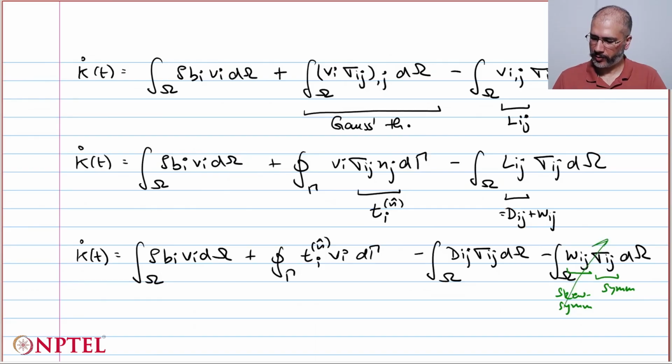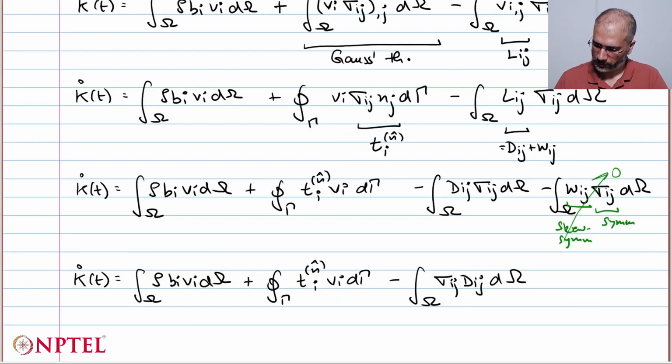So this becomes 0 because the product of a symmetric and skew symmetric tensor is 0. So this equation we'll call B, which is the expression for the time rate change of the kinetic energy as a function of time.